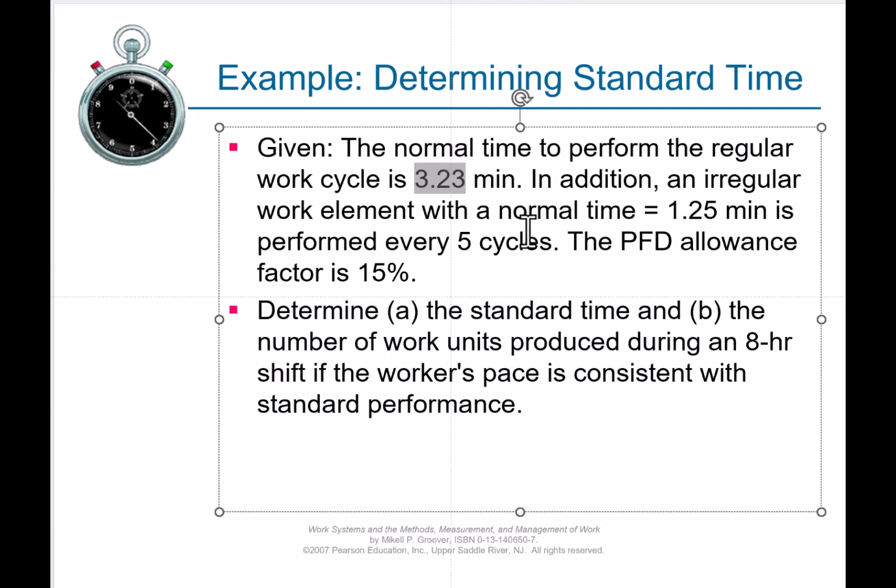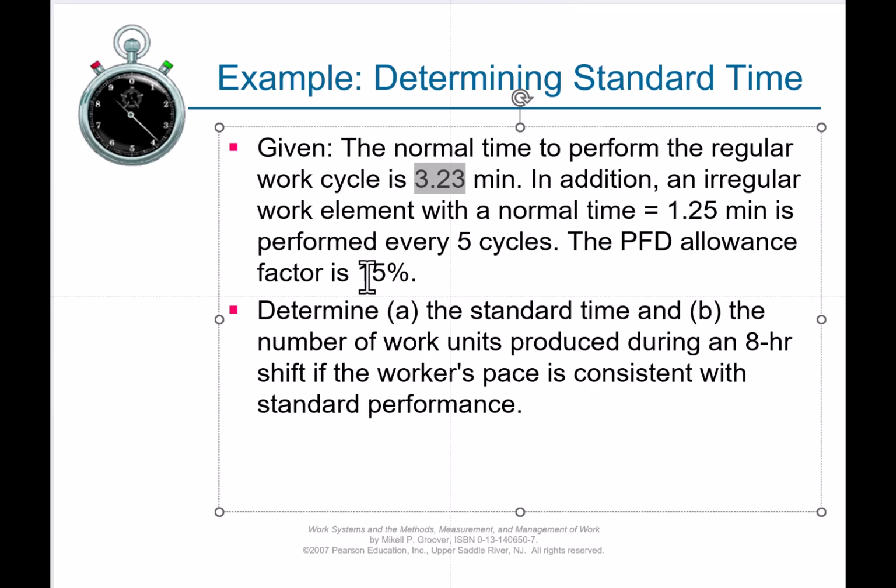So these two, the regular cycle plus the irregular work element, we are going to multiply by the 15% allowance. The question is, determine the standard time and the number of work units produced in an 8-hour shift.